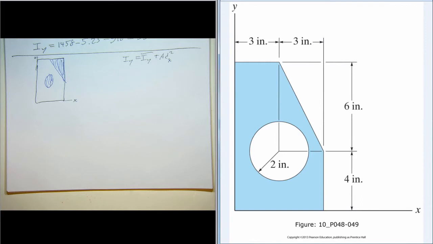We can determine the moment of inertia about the centroidal axes for these simple shapes using the standard equations, and they're copied in the back of the book. And then if we want to find the moment of inertia about a parallel axis to that, we use the parallel axis theorem. And then for composite bodies, we can sum these moments of inertia as long as they're all about the same axis, which is what we've done in this example.